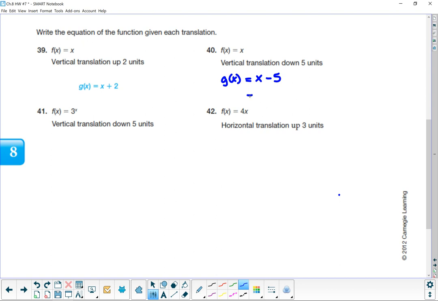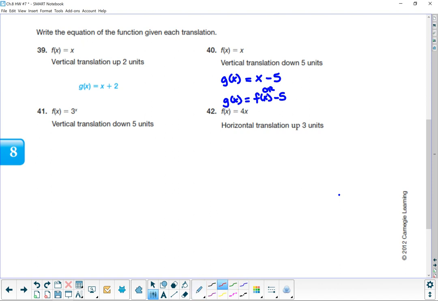Just a side note, we can also write this as f of x minus 5, and that would also work. But it looks like the example they did for us is using the x and not the f of x, so we'll just do the original one.